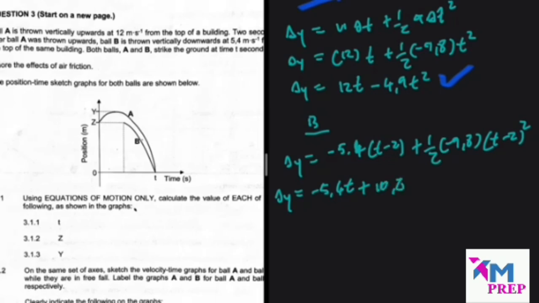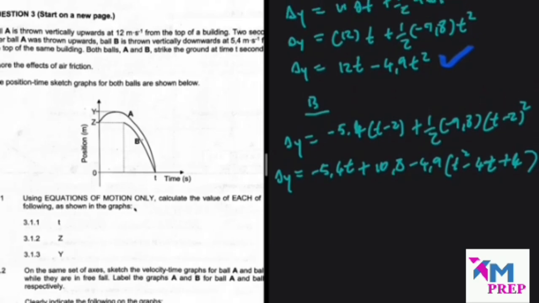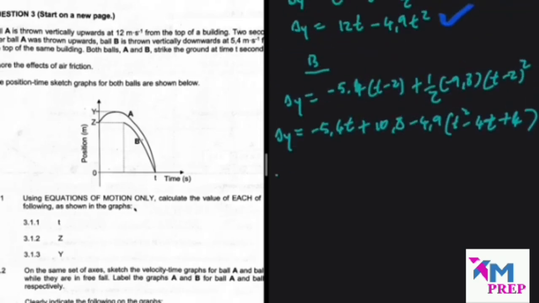So this is 10.8 and then minus 4.9 and then we have t minus 2 squared, right? So that is going to be t squared minus 4t plus 4. If you don't see why that is the way it is, you probably got the question wrong either way. Okay, delta y will be equal to minus 5.4t plus 10.8 minus 4.9t squared.